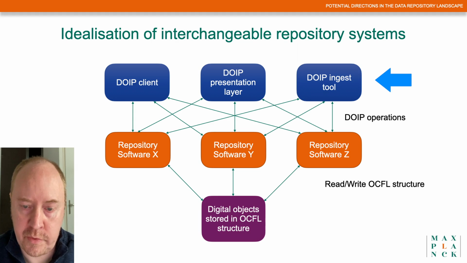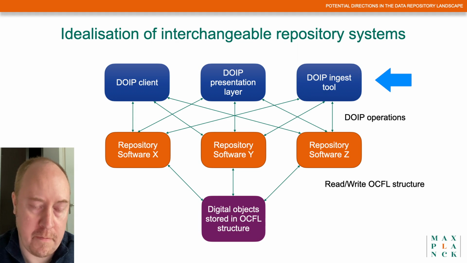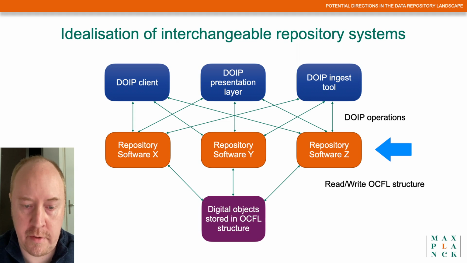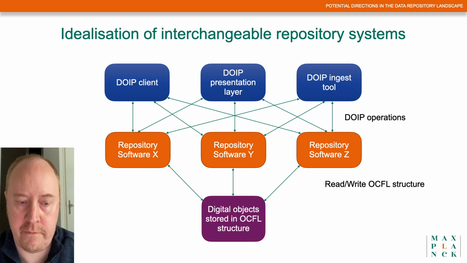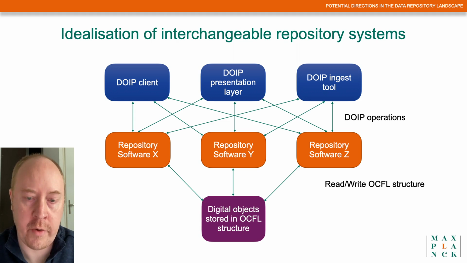And if they all talk this protocol, then basically this middle layer of repositories would be interchangeable. I'm well aware that this is a very idealized situation. In practice, there are all kinds of things that need to be considered as well. For example, different software packages for repositories have different levels of hierarchy that they support.